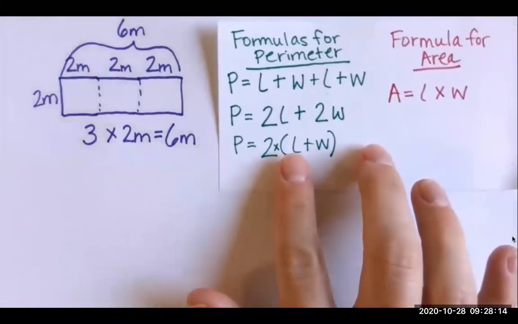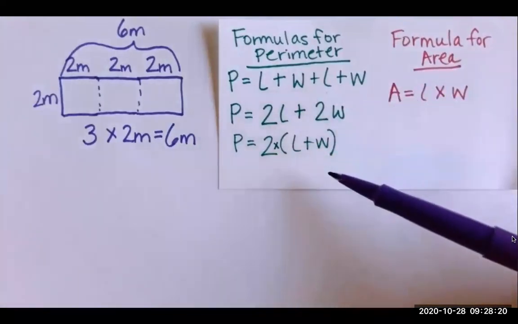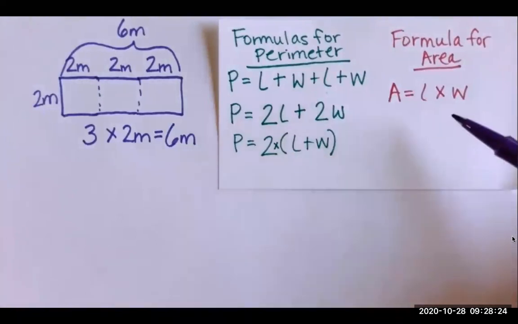Do you remember this chart from our last lesson? Pause the video and use whichever formula you'd like for perimeter to find the perimeter of this rectangle, and use the formula for area to find the area of this rectangle. Then come back and we'll compare our answers.